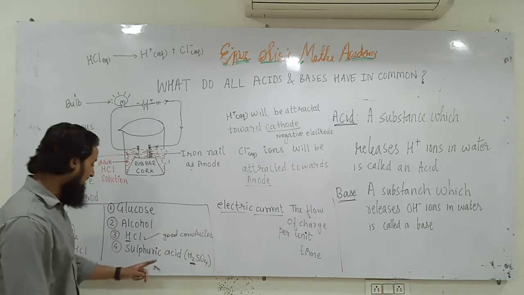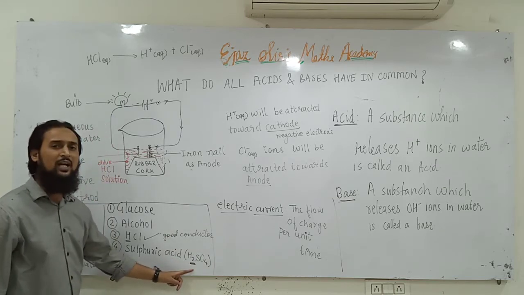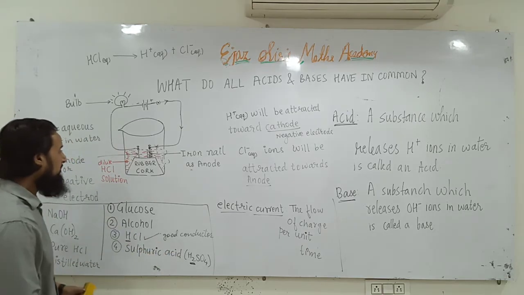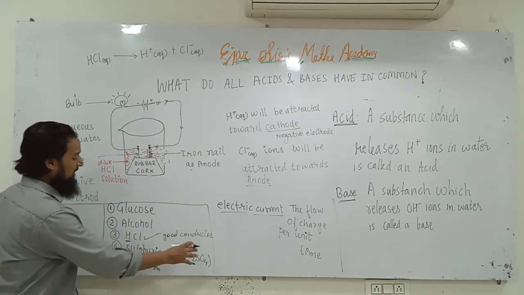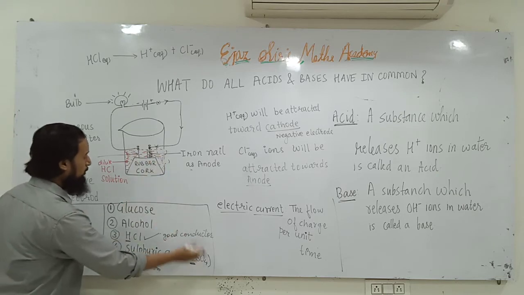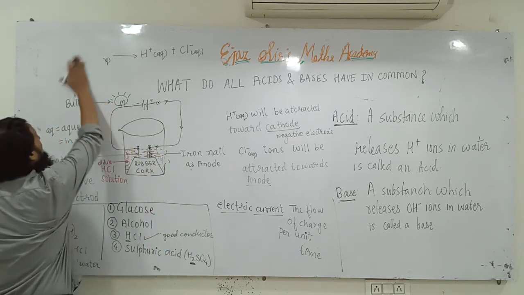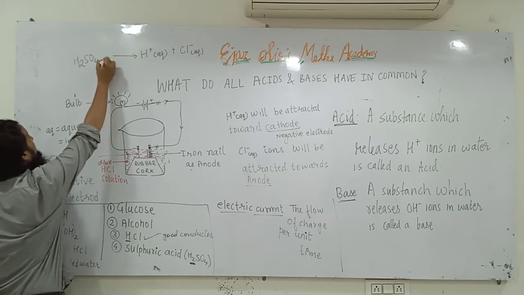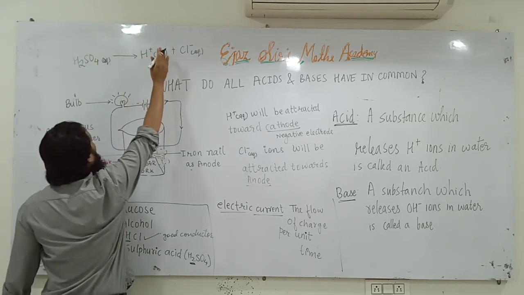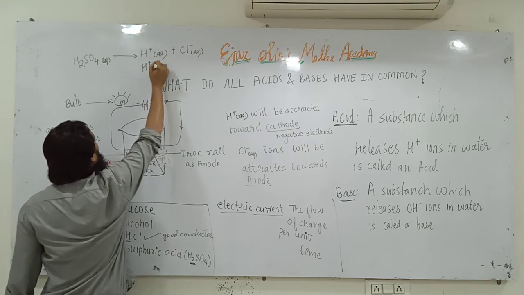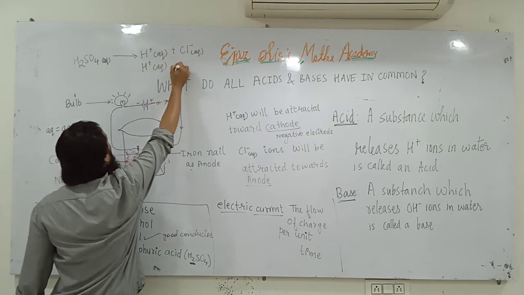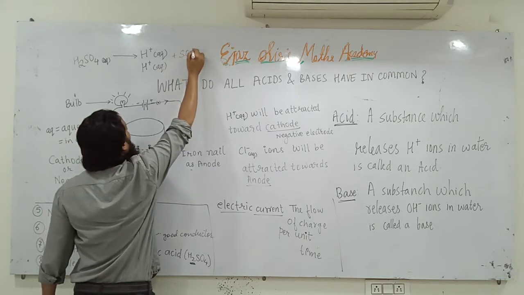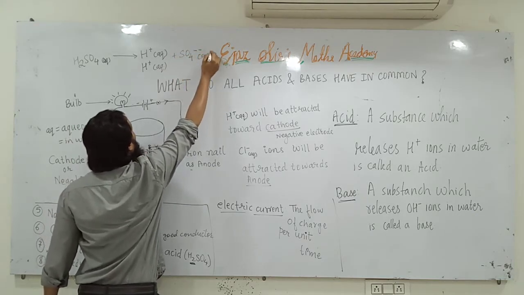So sulfuric acid, as the name suggests, is also an acid. As soon as we put H2SO4 in water, what will happen? H positive ions and SO4 negative ions will get separated. H2SO4 aqueous in water gives H positive aqueous ions plus SO4 2 negative aqueous ions.